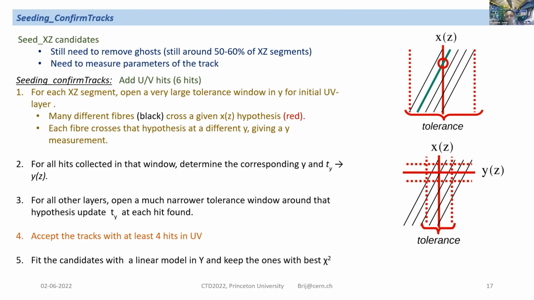And for each fiber that crosses that particular hypothesis, we get the position and the Y measurement. For all the hits collected in that particular window, we determine the corresponding Y and the tolerance for the Y, thus allowing us to open much narrower tolerance windows for the next hit and optimizing our tolerance windows for the next searches.